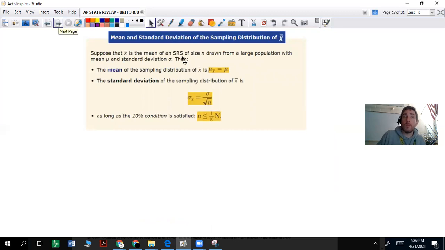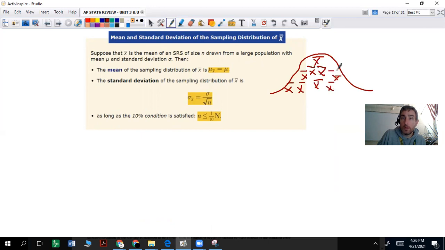With means, again, the sample mean is an unbiased estimator. If a simple random sample of size n from a large population has been taken, the sampling distribution of means, you might have a bunch of sample means, is approximately normal. The mean of that sampling distribution is equal to the population mean.